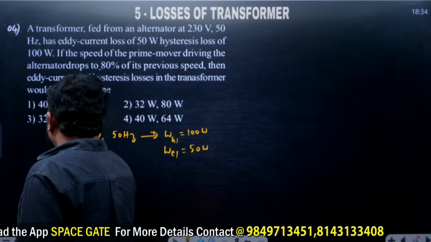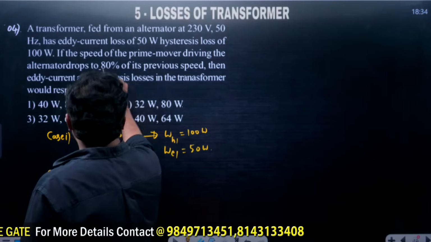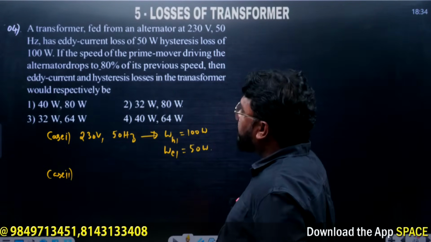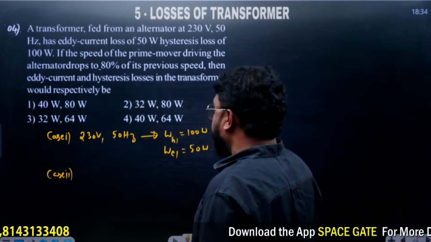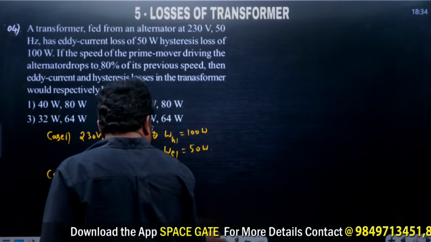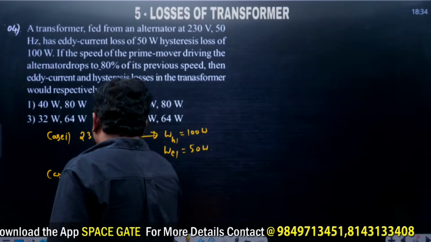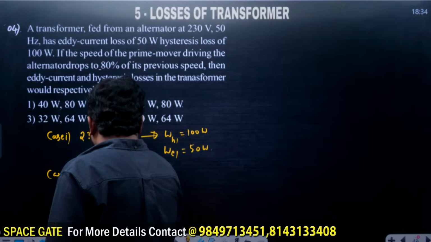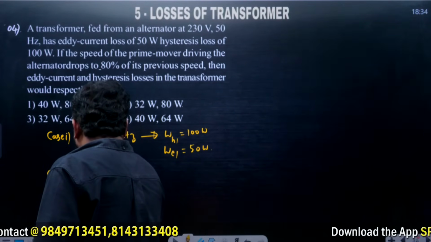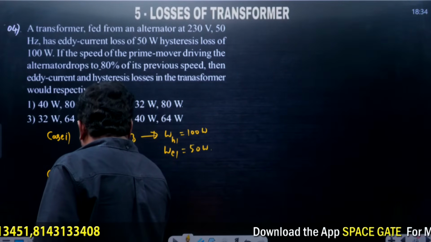In case number 2, the frequency: it is mentioned that the speed of the prime mover decreases to 80% of its previous speed. The speed of the alternator is 120 F by P, where F is equal to Pn by 120.